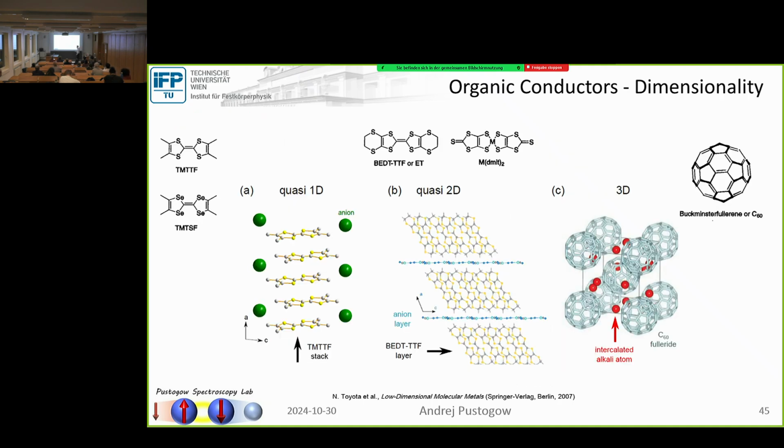So these small molecules, the TMTTF or the TMTSF molecules, typically lead to one-dimensional chains, quasi one-dimensional electron systems. Then the BDT-TTF, or let's call this DMIT, form layers, quasi two-dimensional, separated by anion layers.